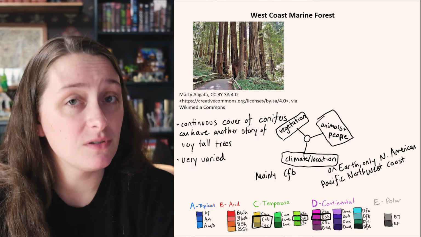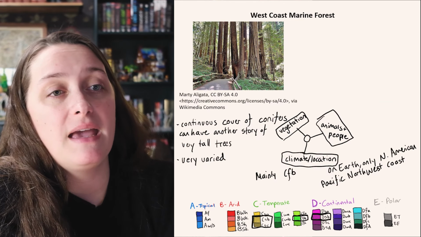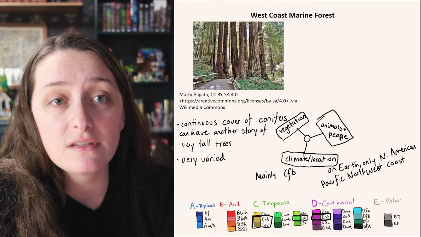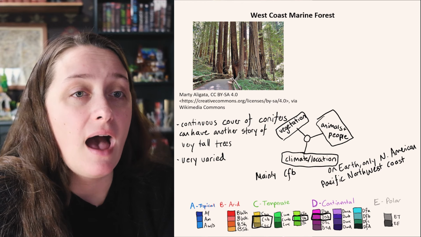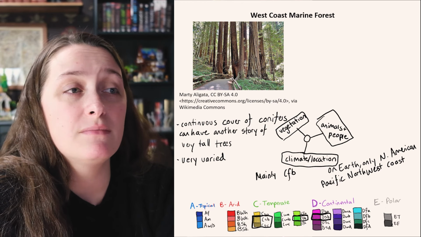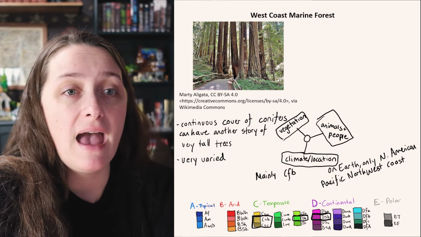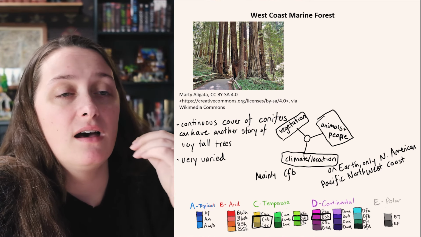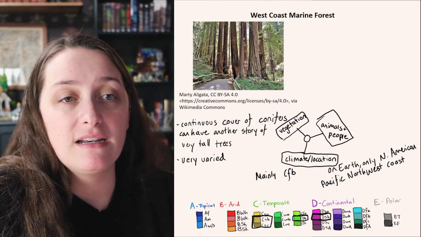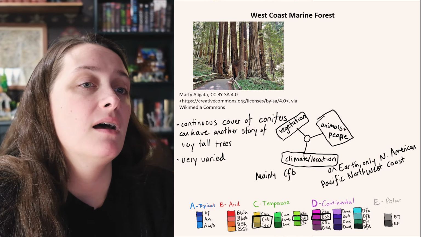Next, we have the West Coast Marine Forest. And this is going to be a continuous cover of conifers, of things like firs, redwoods, sequoias. And there can be a story of extremely tall trees, like redwoods, and a story of regular tall trees. In the understory, you might find evergreen and deciduous broadleaf shrubs.